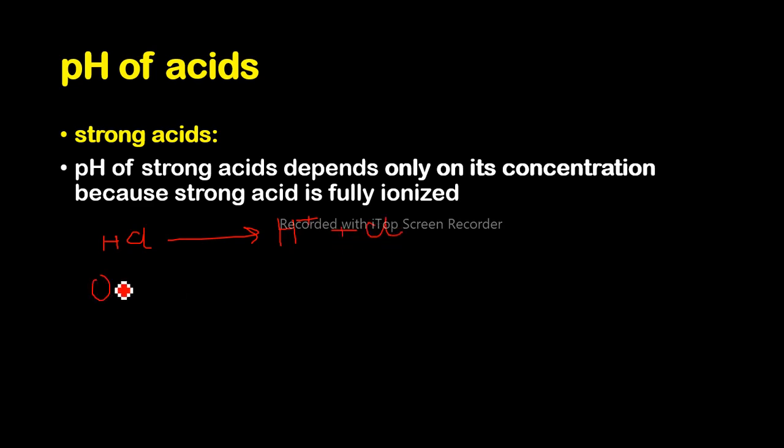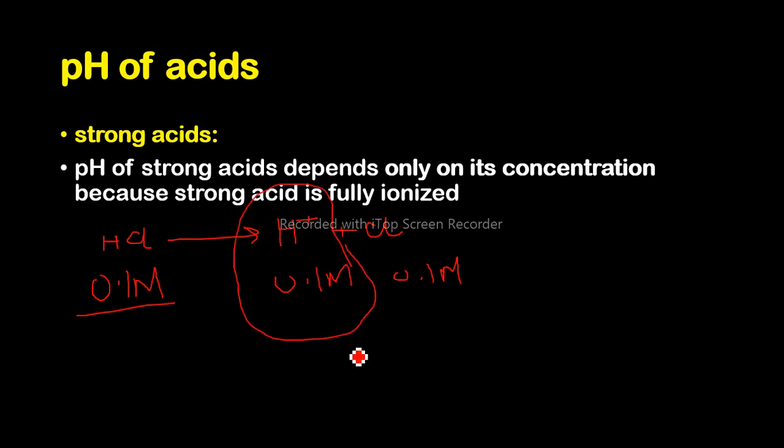If you have 0.1 molar HCl, you produce 0.1 molar hydrogen ions and 0.1 molar chloride ions. So the pH fully depends on the concentration of hydrogen ions, and it doesn't require a lot to determine. You simply substitute the concentration and you get the pH.